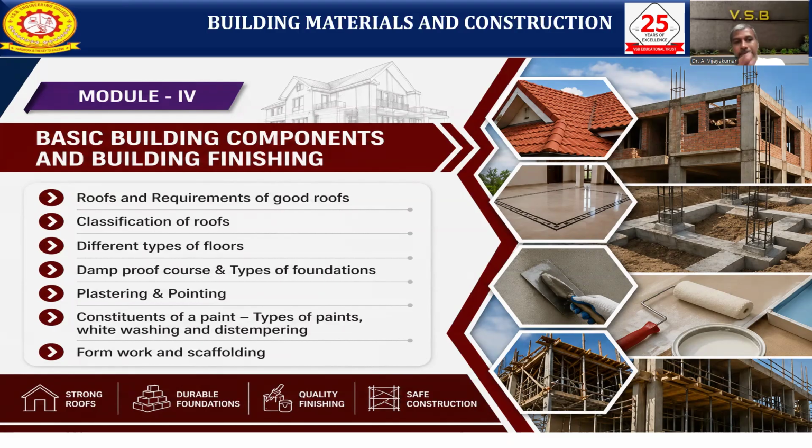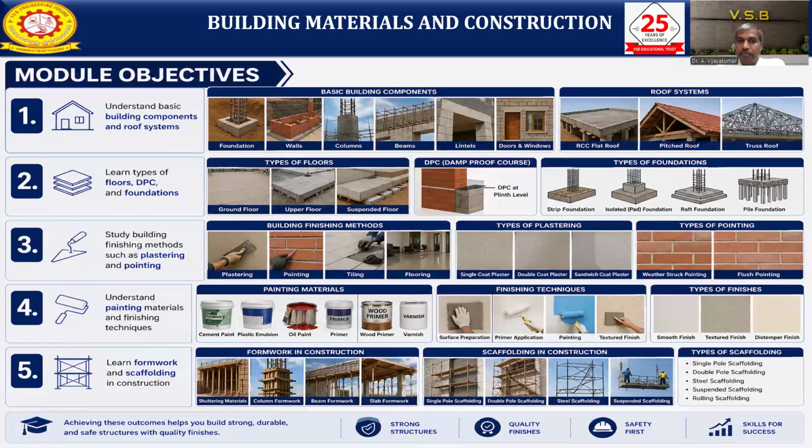In building finishing, we cover plastering and pointing. For appearance purposes we can use paints, the ingredients of paint, and whitewashing and distempering. Finally, we finish with formwork and scaffolding. These are the things we are going to discuss elaborately in module 4.